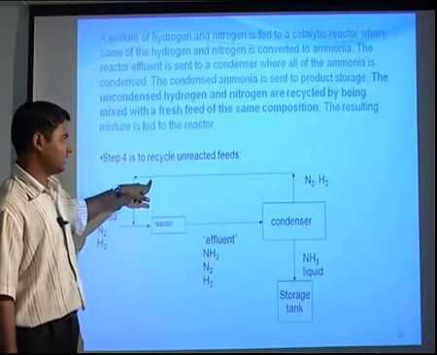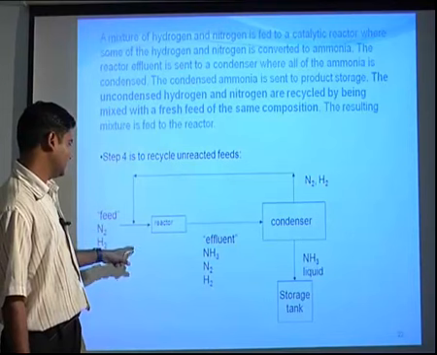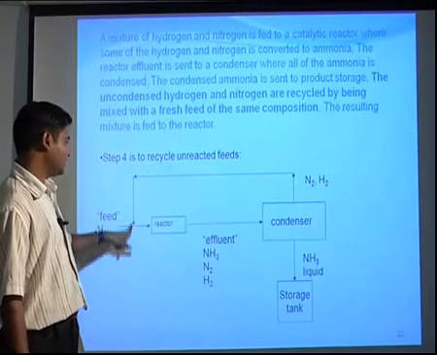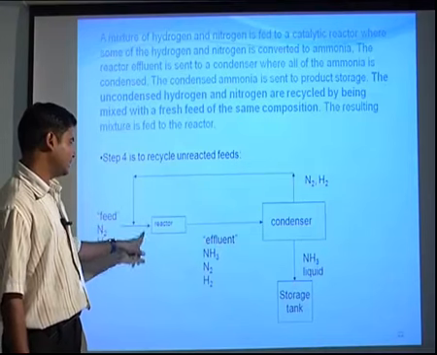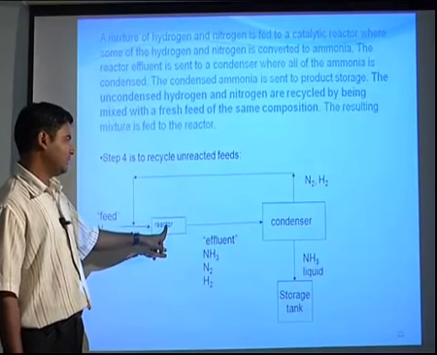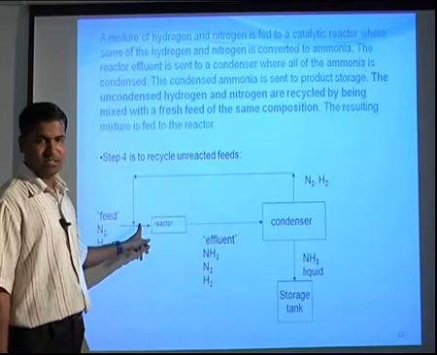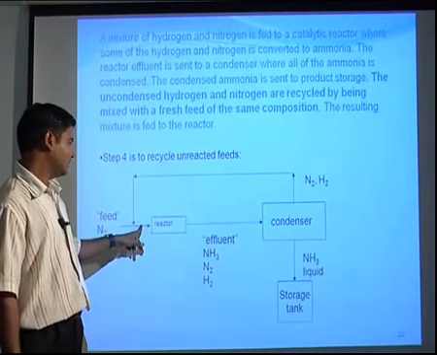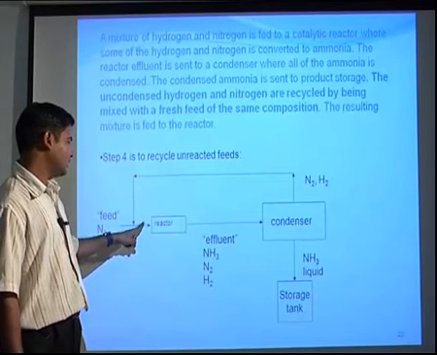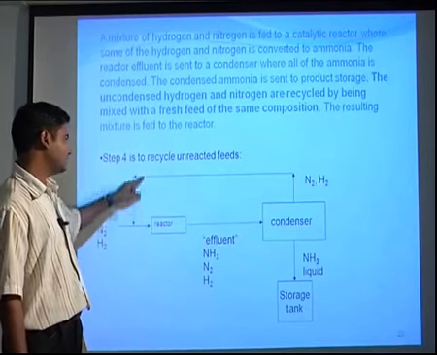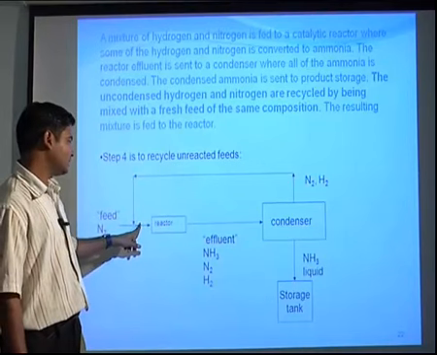What we have to take care of is that the N2 and H2, while mixing with the feed, should not disturb the composition over here. While mixing at this part, it should be the desired composition that will lead to the reaction. Here we should have nitrogen and hydrogen in a specific proportion. So that should be maintained, and the recycle stream should not disturb this.